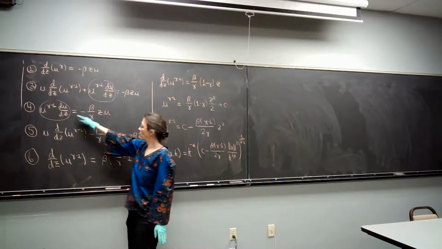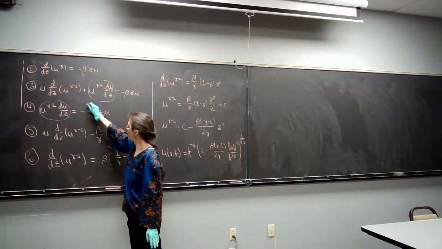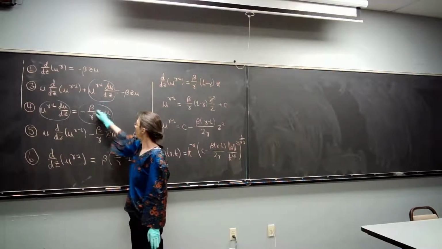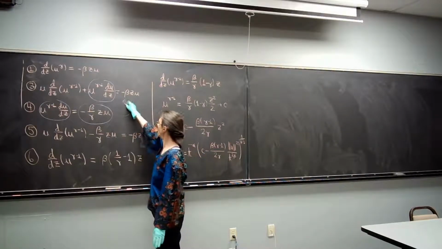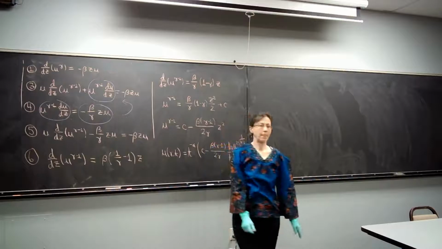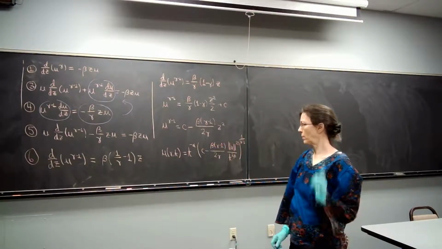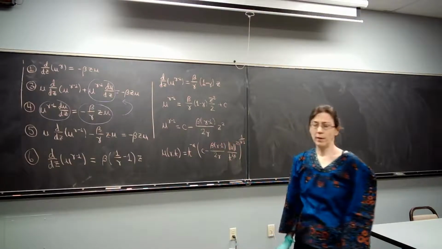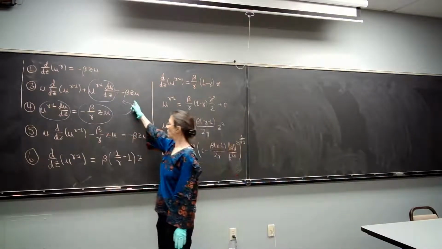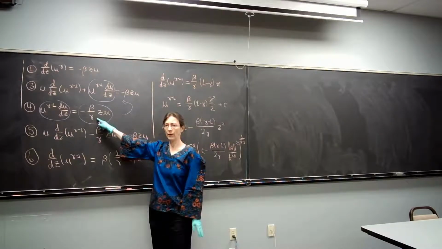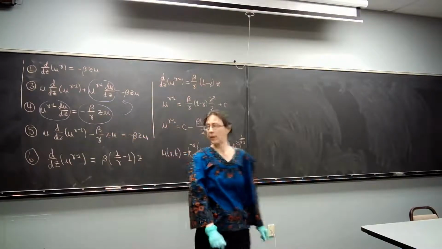So I'm going to substitute in minus beta over gamma zu for this term here, in equation number 3. And you might feel like you're going around in circles, except be careful. You've got to start to feel pretty good about this calculation, because these terms aren't the same. You've got a beta, and you've got a gamma in the denominator.